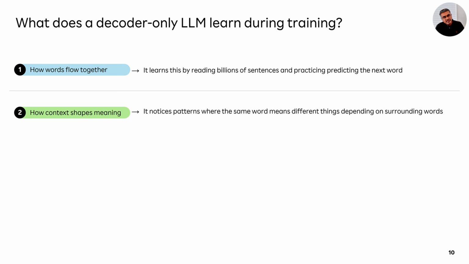Now, the next thing it learns is how the context flowing across these words shapes the meaning of these words. For example, in a sentence like, I walked into Apple store eating an apple, the word apple appears twice.